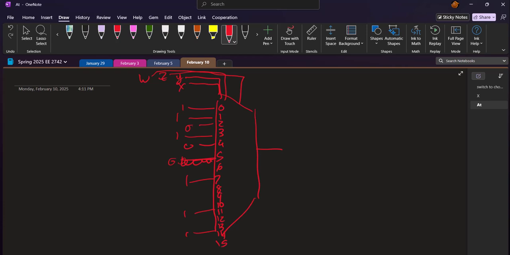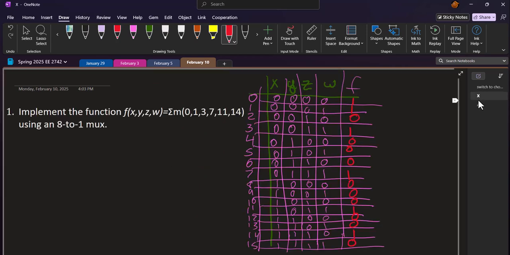But we don't have a 16-to-1 multiplexer, and while we could make one with two 8-to-1 multiplexers, I don't think that's what the intent is. So instead, we're going to choose 3 of these to be our control, and then the other one is just going to be part of a circuit.